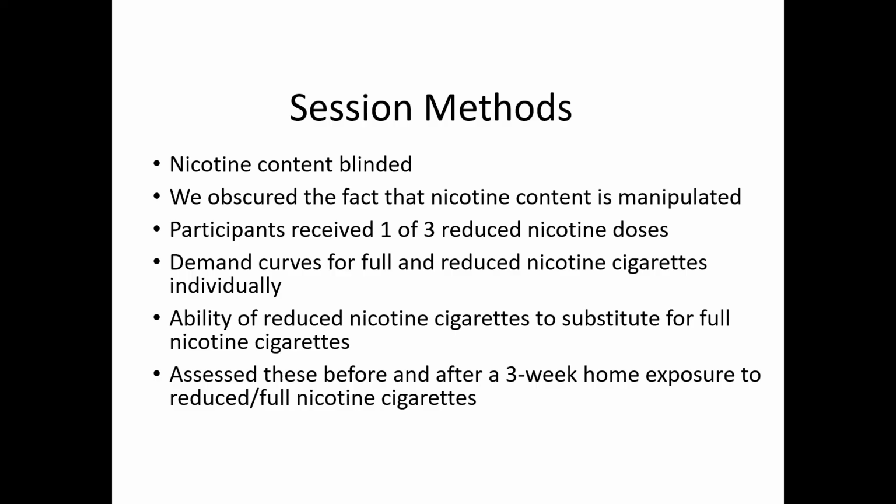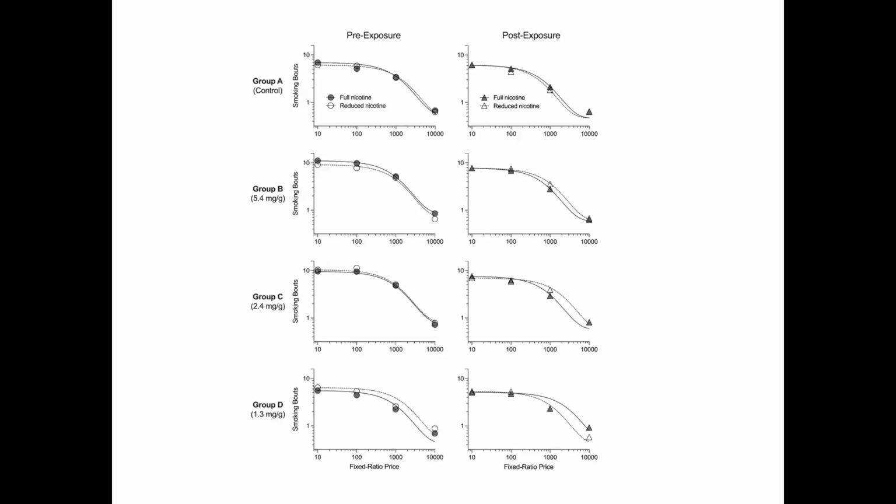So we looked at before and after that home exposure phase to see whether any of those outcomes I described changed as a result of experience with those cigarettes on a daily basis. So this is one of the ways to look at the data. What I'm showing you here, I apologize, I think the top is cut off, but what we're seeing on the left column is pre-exposure before that 3-week period, and in the right column, that's post-exposure.